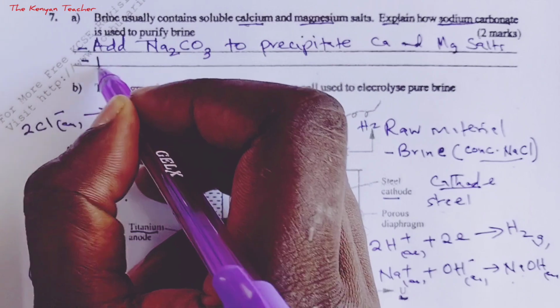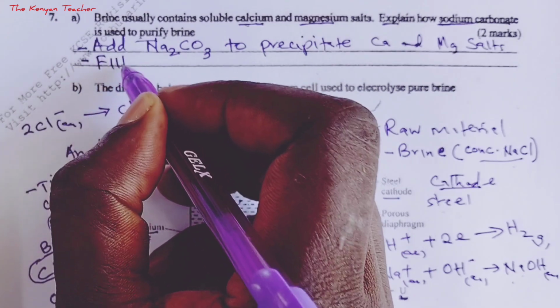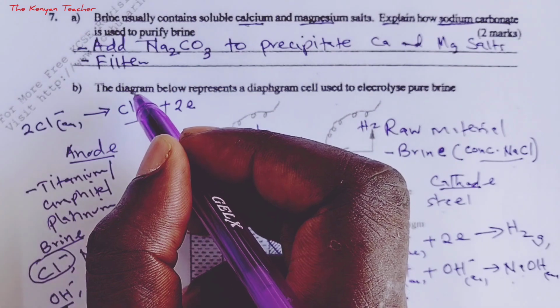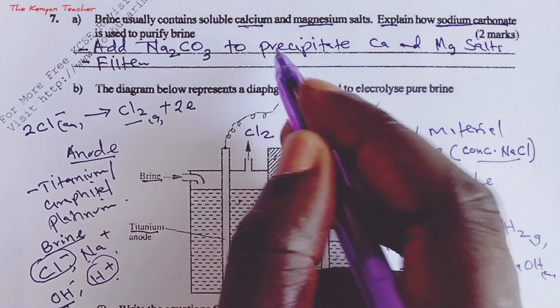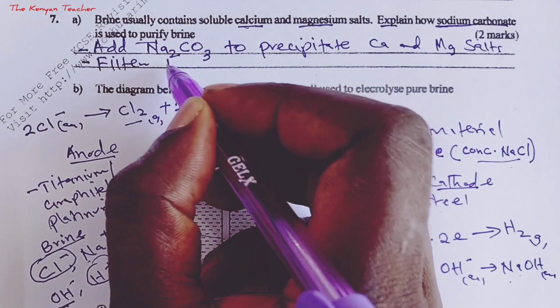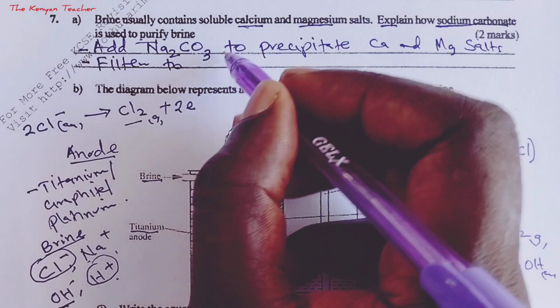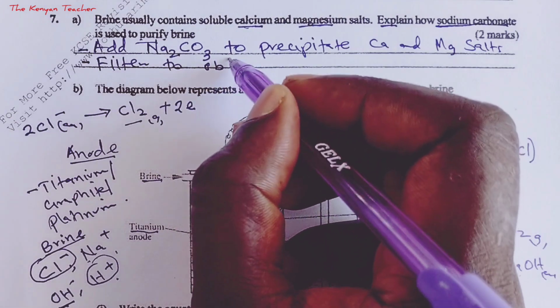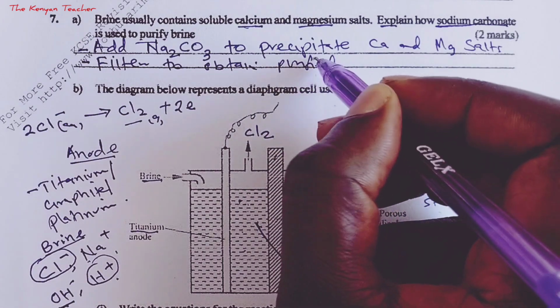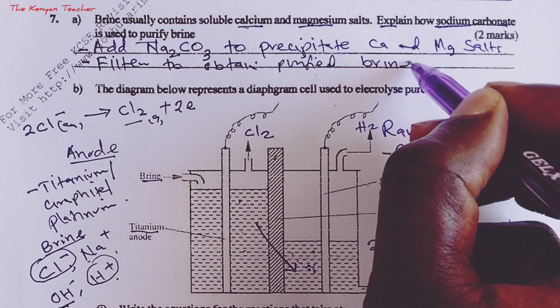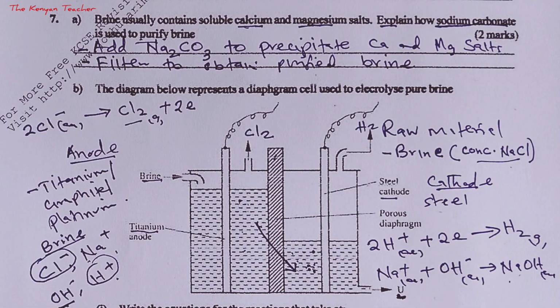After we've done that, the next thing that we do is to filter, and we are filtering to remove the precipitated calcium and magnesium salts so that we are able to obtain purified brine. That would be the expected response for part A.